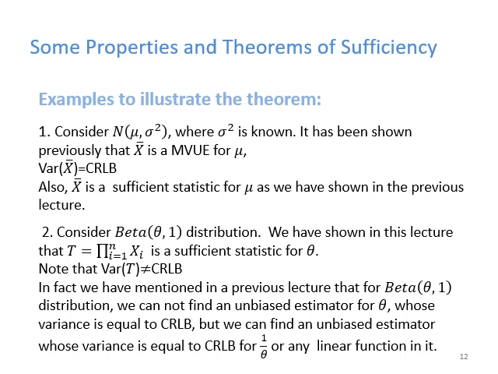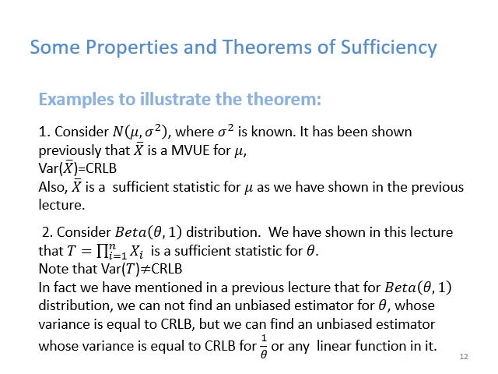This means that a variance of x bar is equal to Cramér-Rao lower bound. In the previous lecture, we have also showed that x bar is a sufficient statistic for mu. This means that x bar, which is a minimum variance unbiased estimator, is also a sufficient statistic for mu.